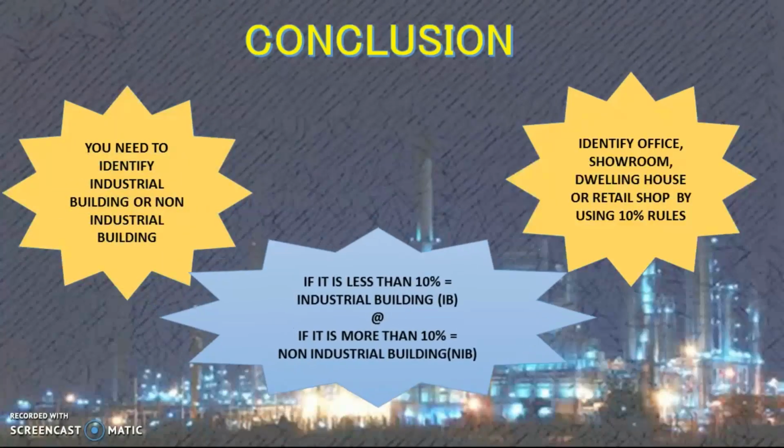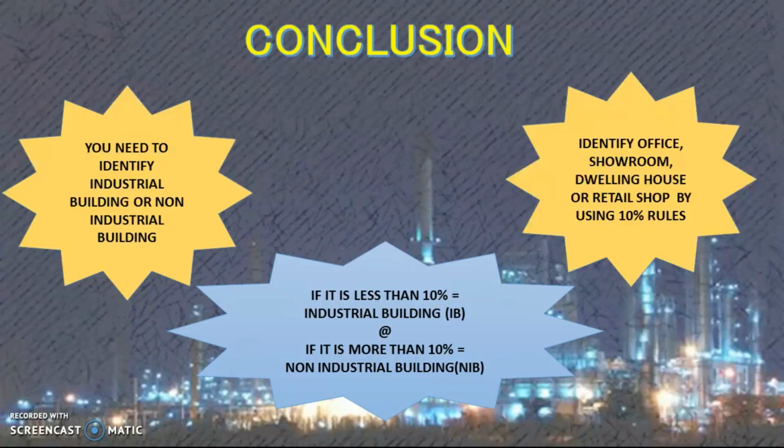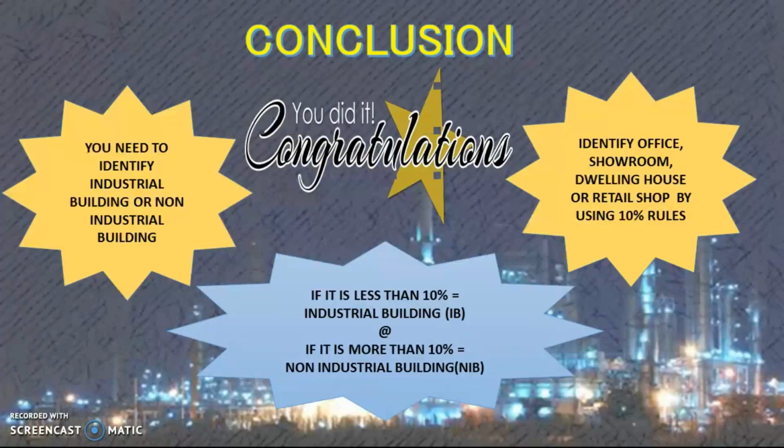The 10% rule says, if it is less than 10%, then the building will be identified as industrial building IB, or if it is more than 10%, the building will be identified as non-industrial building NIB.